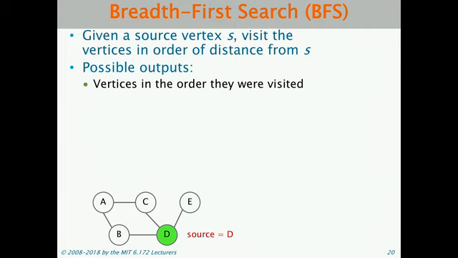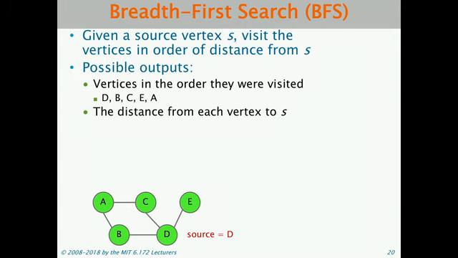The second vertex, we can actually choose between B, C, and E, because all we care about is that we're visiting these vertices in order of their distance from the source, but these three vertices all have the same distance, so let's just pick B, C, and then E. And then finally, I'm going to visit vertex A, which has a distance of 2 from the source. So this is one possible solution. There are other possible solutions because we could have visited E before we visited B, and so on.